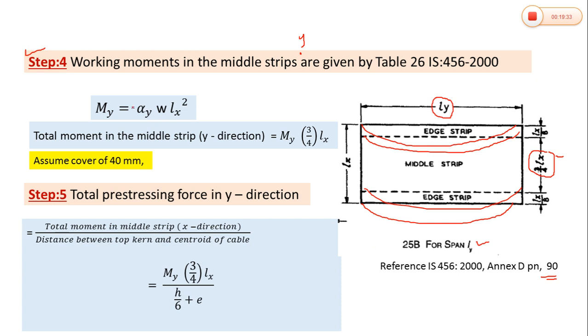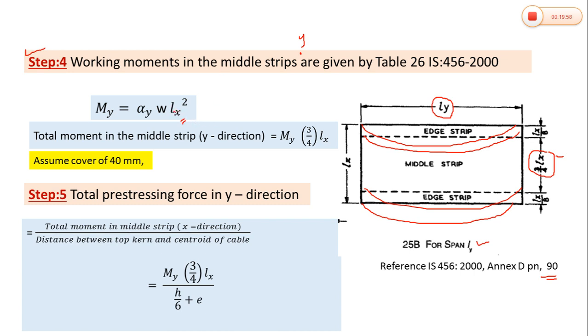Okay. So the formula is My is equal to alpha y W into Lx square. This Lx square is the common term. We already used this formula for two-way slab design in SD2 RCC two-way slab, but here we are designing the two-way prestressed slab, but the basic theory is the same in both cases.